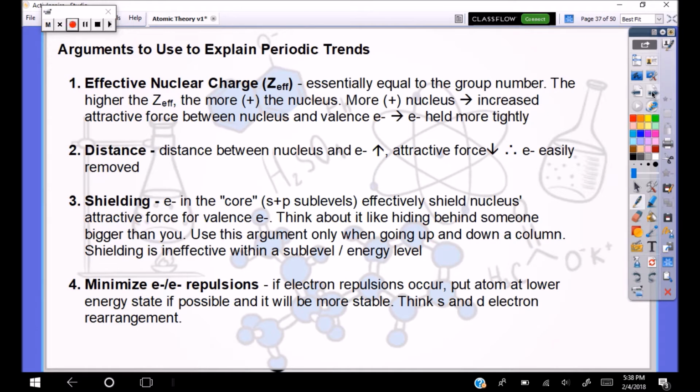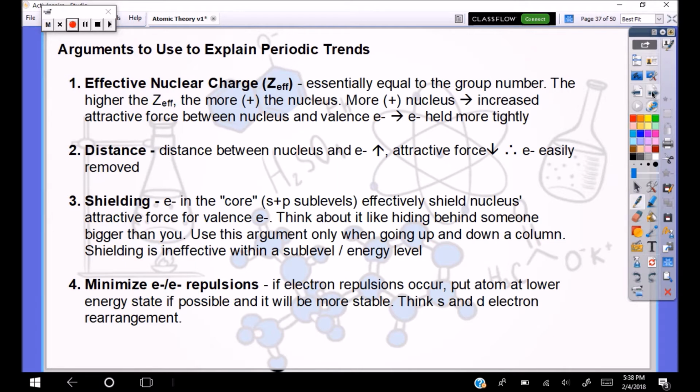So those electrons are very easily removed from that outer energy level, and therefore it's very reactive. We can't talk about shielding within a sublevel or an energy level due to the orientation of our orbitals. We know that that's where effective nuclear charge takes over when we're looking across.